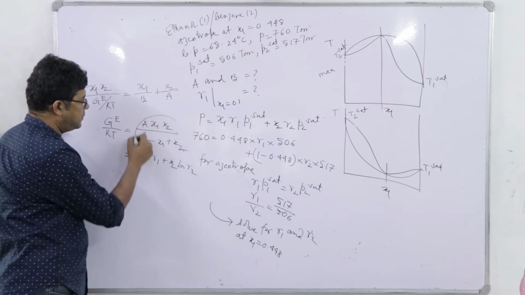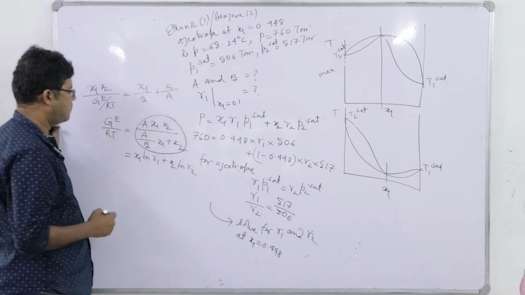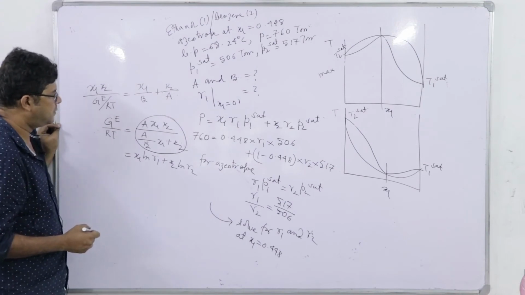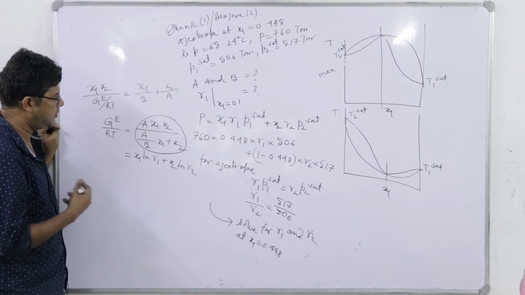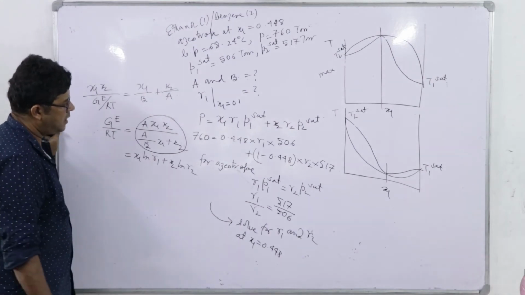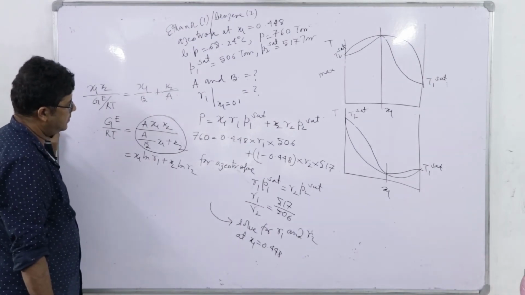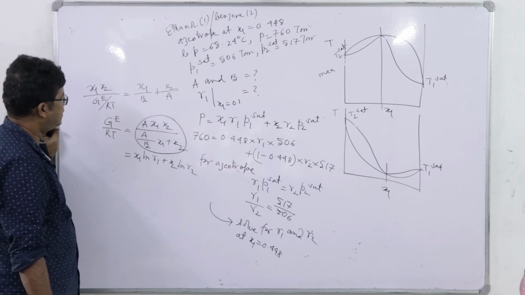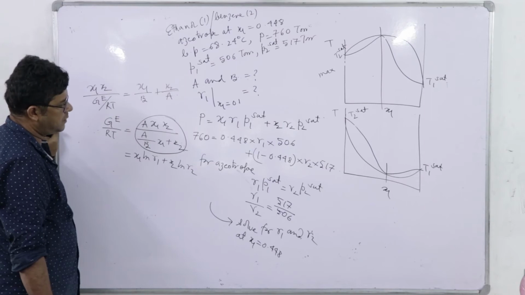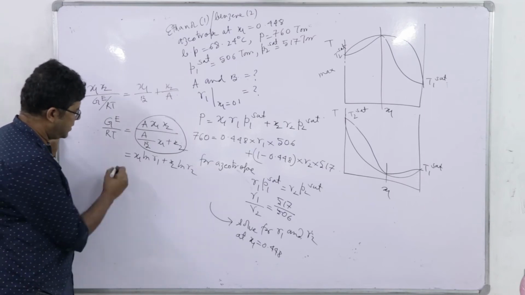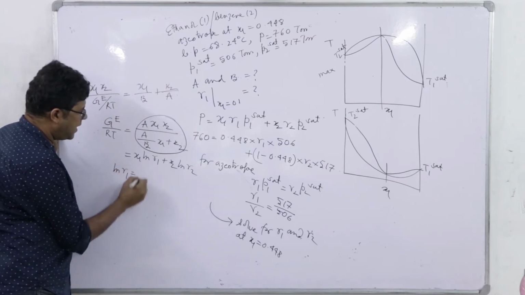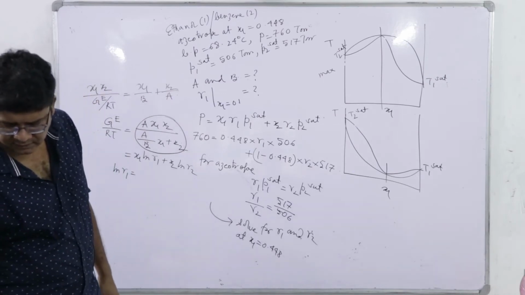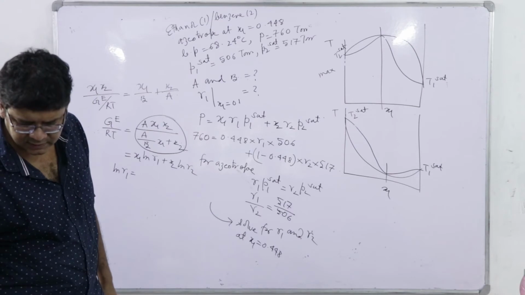So you get this expression, we get a relation between A and B, and the other one is to be obtained from the ln gamma 1 and ln gamma 2 expressions, which we have to solve. I don't remember this, and don't worry, it's not a GATE problem.